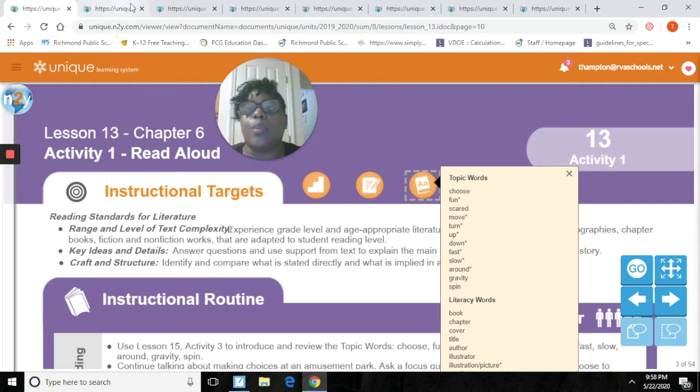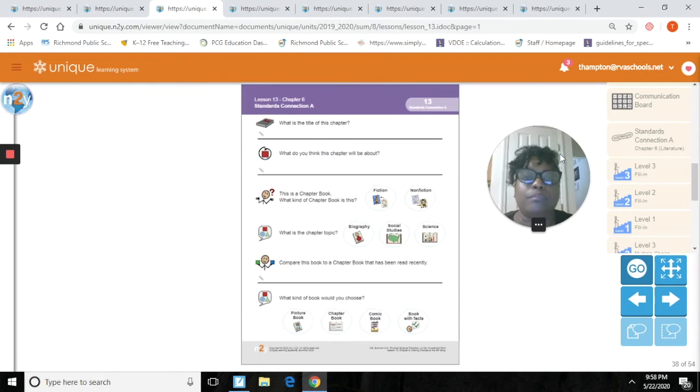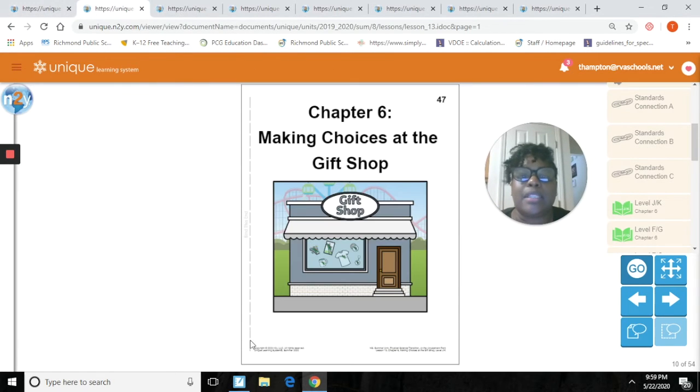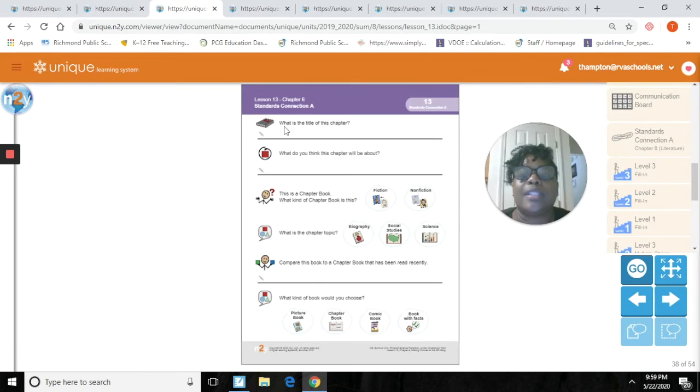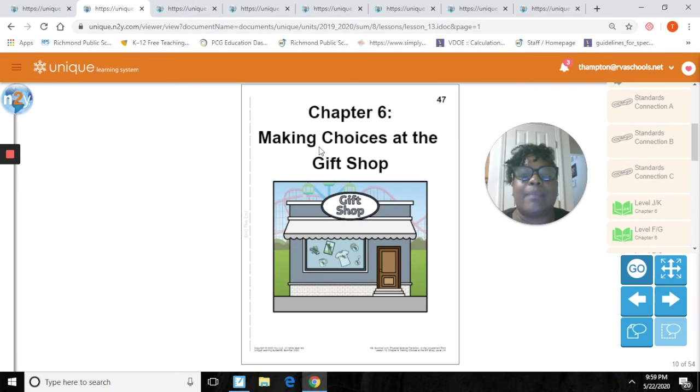All right, so what we want to do before we start reading our story, we want to do an activity. Let's take a look at our book cover here, okay? We know the title of our story is called Making Choices at the Gift Shop. It says, what is the title of this chapter?